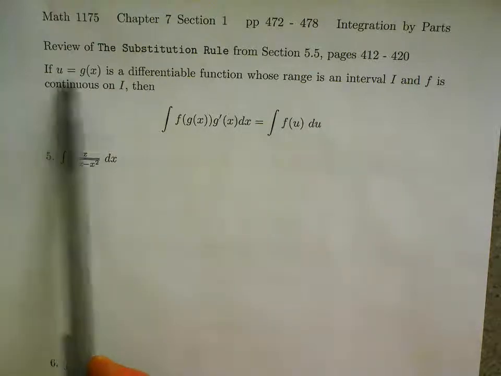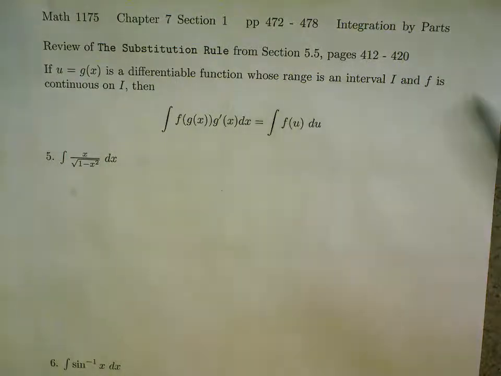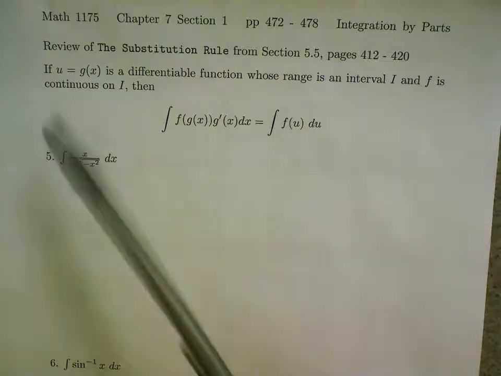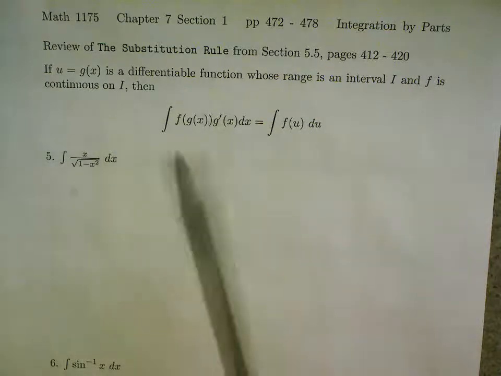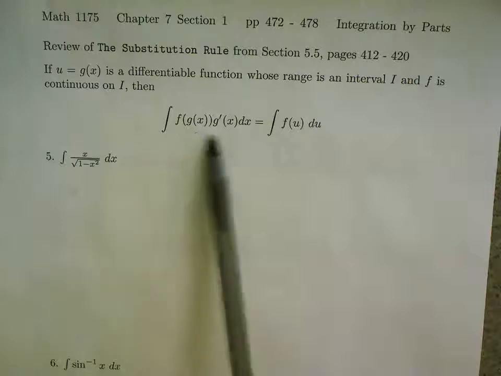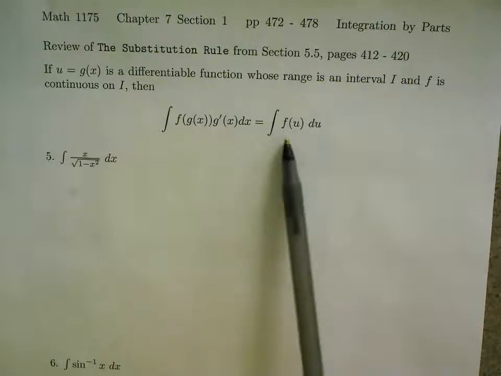If u equals g of x is a differentiable function whose range is an interval I and f is a continuous function on I, then the indefinite integral of f of g of x times g prime of x dx is equal to the indefinite integral of f of u du.